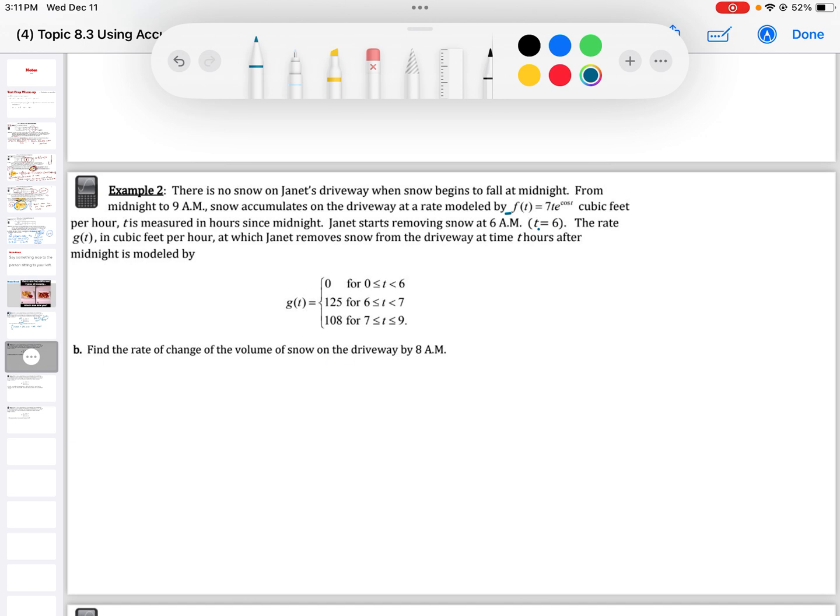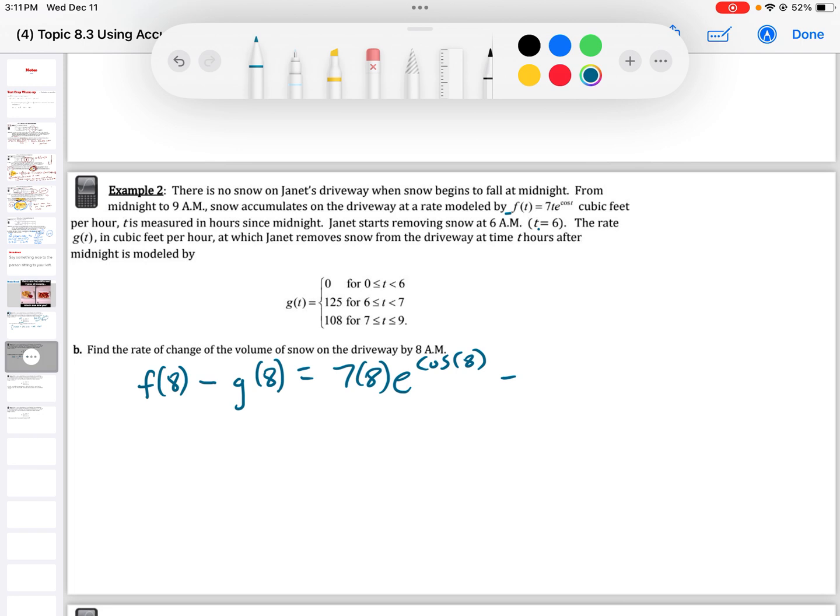So to find the rate of change, I'm going to compare the two rates. What I can do is take the rate that the snow is coming down at 8, and subtract the rate that Janet is removing the snow at 8. And this is calculator active.